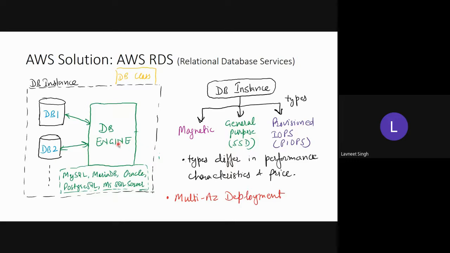At the back there will be some kind of EC2 instance where AWS, when it is getting set up, will install MS SQL Server, use your license, and then provide the service.